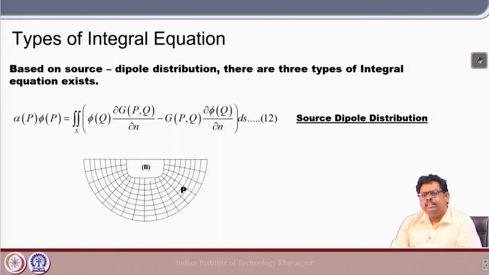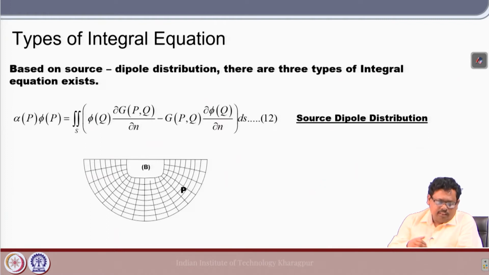Sometimes people take alpha p as 0, half and 1, based on whether the position is outside, on the body, or inside the domain. So, you can take alpha p as 4 pi, 2 pi, 0, or you can take 1, half and 0.